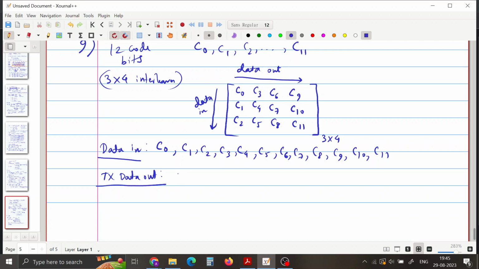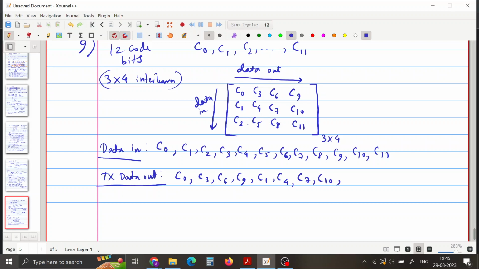The first row elements would be C0, C3, C6, C9. Does everyone see that, along the first row? Now I will come to the next row, which is C1, C4, C7, C10.